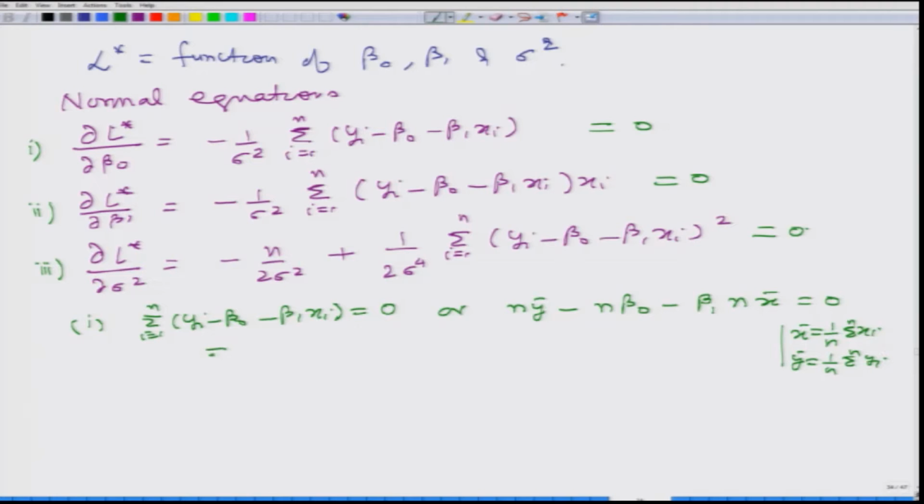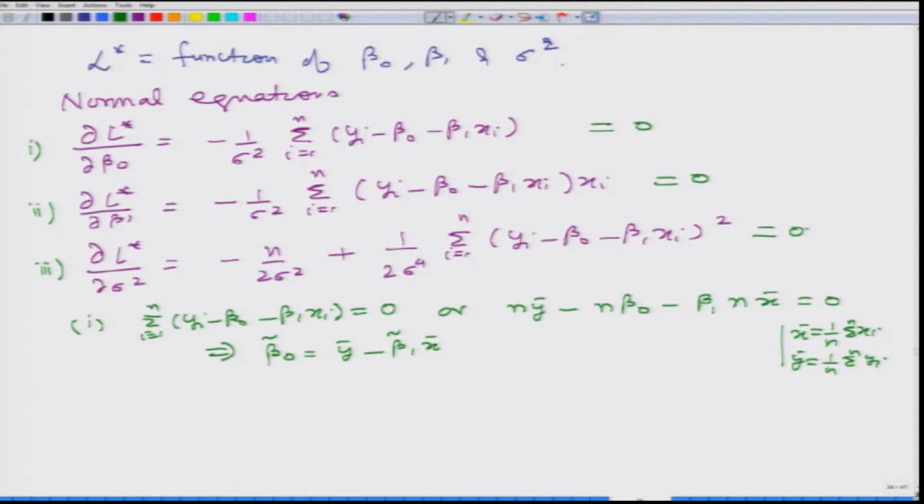Once I solve it, the value of beta 0 comes out to be y bar minus beta 1 x bar. So I can treat this beta 0 as the maximum likelihood estimator of beta 0, provided beta 1 is known. For a while, let us suppose that beta 1 can be estimated by beta 1 tilde. Now this beta 0 tilde becomes the maximum likelihood estimator of beta 0. We still have to verify whether this value provides a minima or a maxima, which we will do in the next slide.